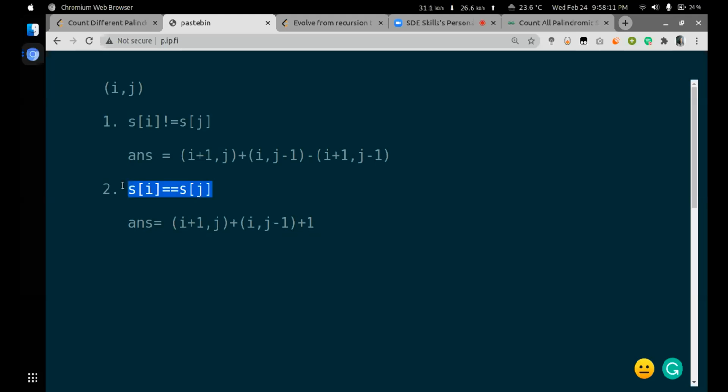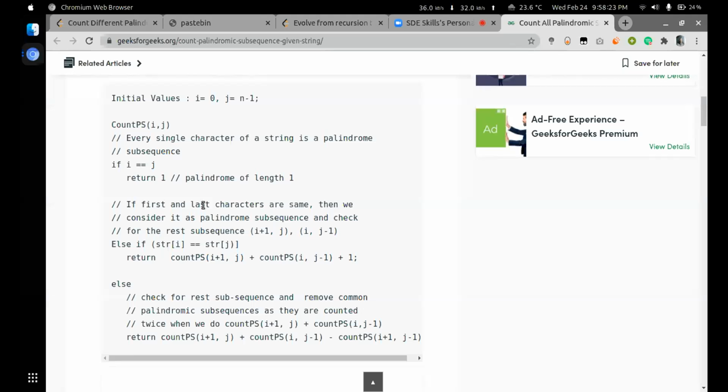Since both these characters themselves form a palindrome of length 2, this is why we add +1 here. If first and last characters are same, then we consider it as a palindromic subsequence and check for the rest. So this +1 is from these two characters. Since both are same, for example if this character is A, then A will be a palindrome itself. So this is why we are adding +1 to our final answer.